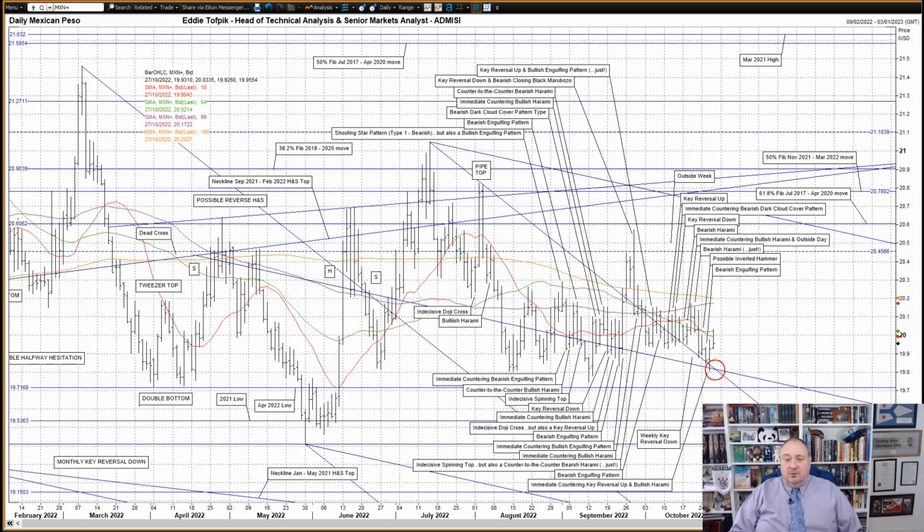Look out for one or more of the following: a change in trend, a reinforcement of an existing trend, and or volatility. These usually lag the crossover by a session or two, but it's worth watching out for what happens on around the 28th of October. You can see the crossover within the red circle on my daily chart." End of quote. So we are on the eve of the crossover, and seeing an immediate countering key reversal up is exactly what I would expect around this crossover. Exactly. There may be more, so watch out.